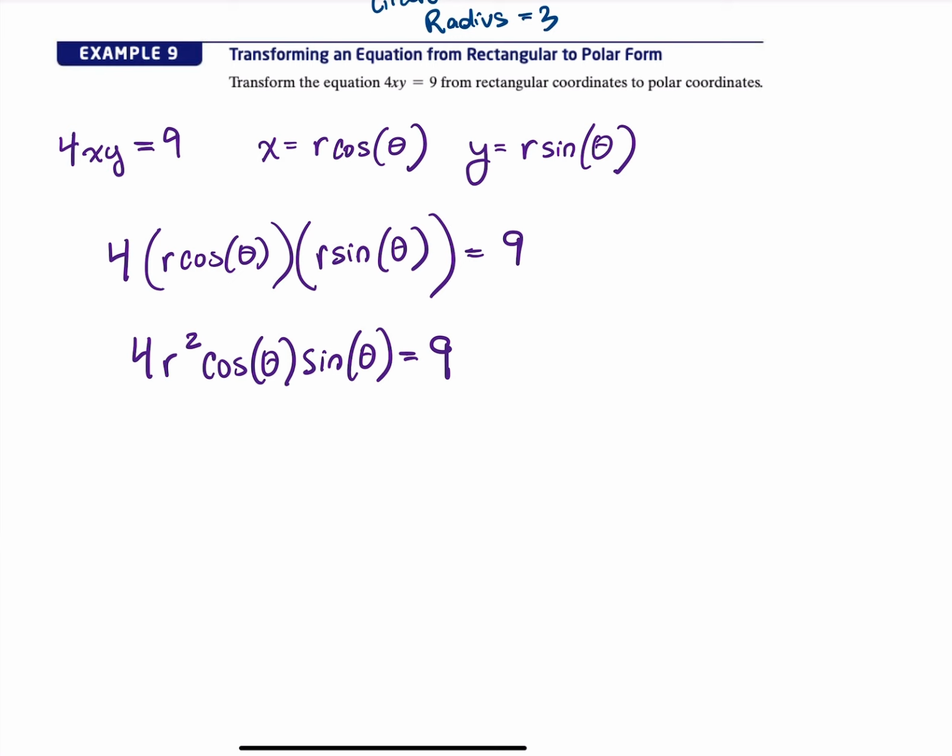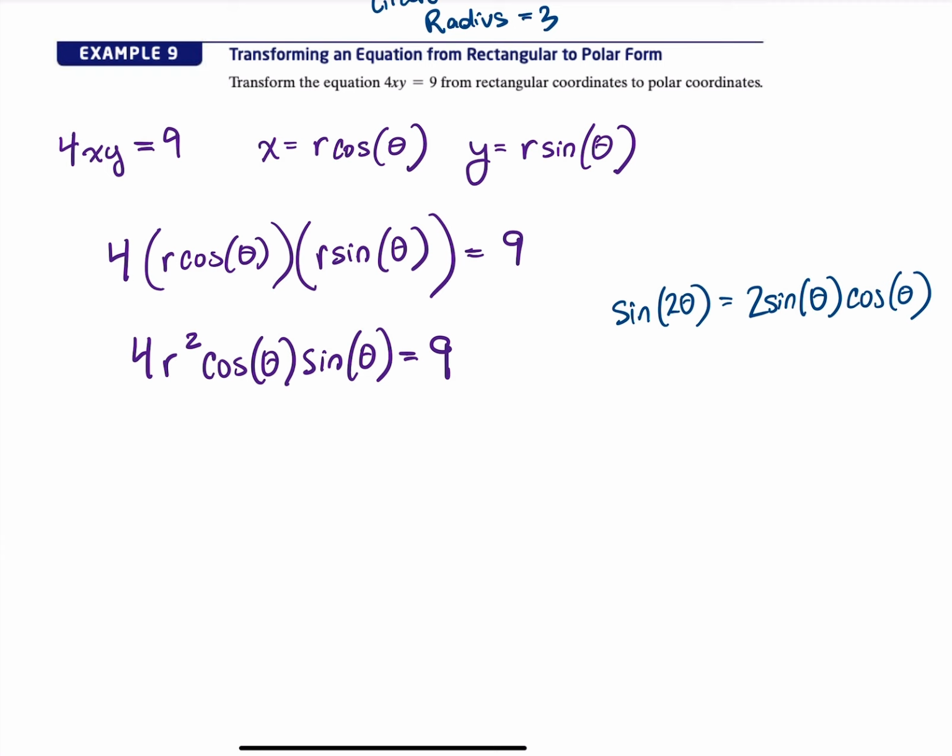So we can try to simplify this. If you see the sine and the cosine, remember the identity that the sine of 2 theta equals 2 sine theta cosine theta. So we can kind of force that to happen.